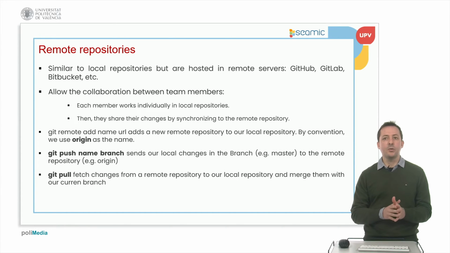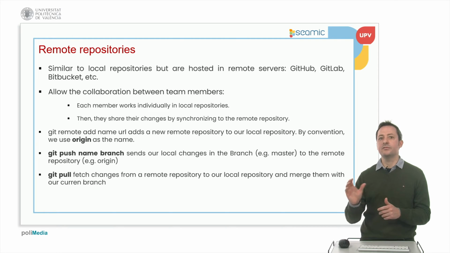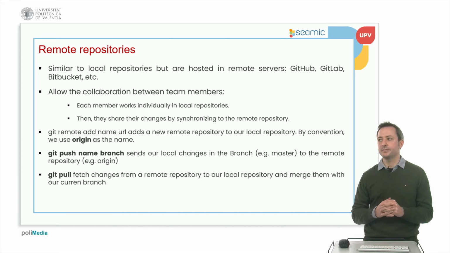So far we have been working in a repository in a local environment, but we can use a remote repository, as I say, to have this copy in the remote. When creating a remote repository, we use the name origin to refer to it.